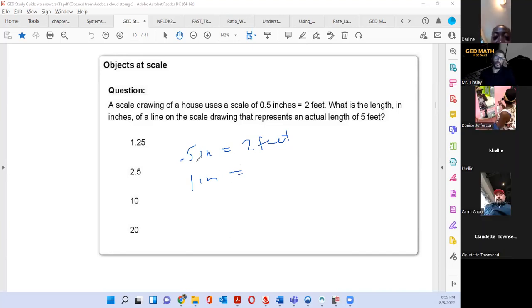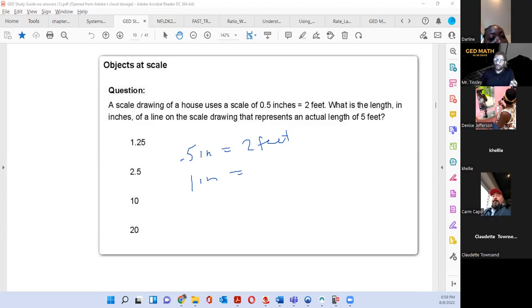If a 1/2 inch is equal to 2 feet, how much is 1 inch equal to? I would say 1. Okay, so if a 1/2 inch is 2 feet, how can an inch, which is larger, be less than 2 feet? Okay, so again, let's use common sense.